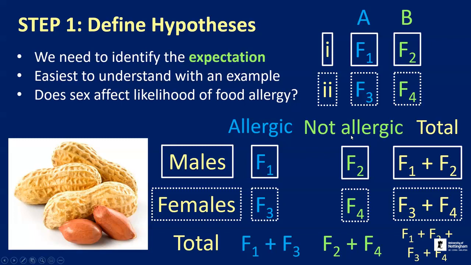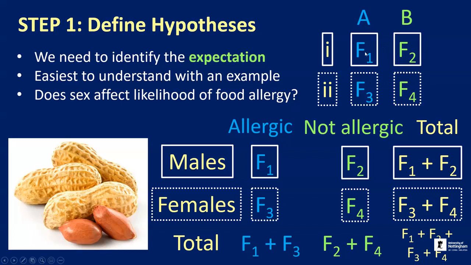So what we're going to look for is whether severe allergic reactions to peanuts are more common amongst men or women. And this is obviously a question that would be important if you were trying to work out how to manage allergy and treat it. If there's a strong difference between the sexes, then that's going to impact on your strategy for treating people.